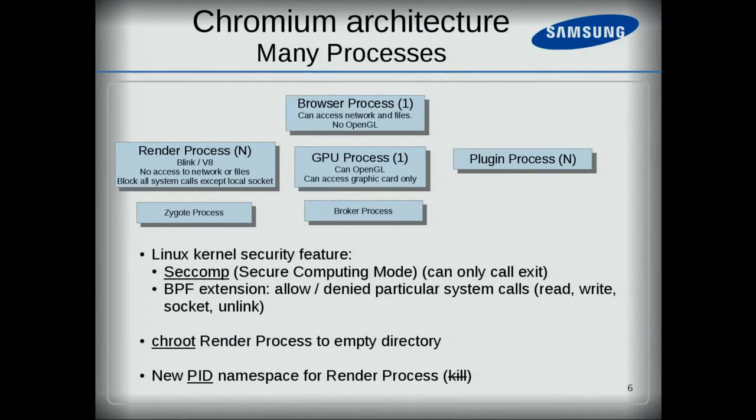Then on the left, for each page, each tab in your browser, you have a render process where Blink and V8 live. This is where the HTML and JavaScript are transformed into something visible. This render process per page doesn't have access to the network or to GL. Everything is blocked.